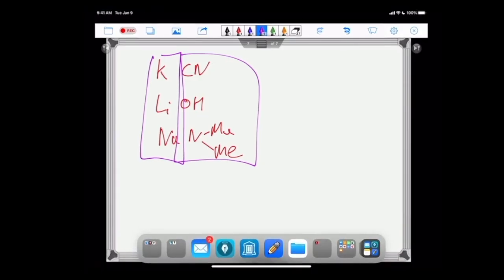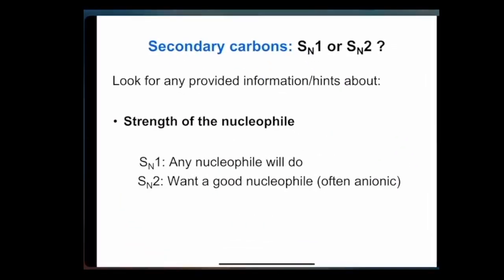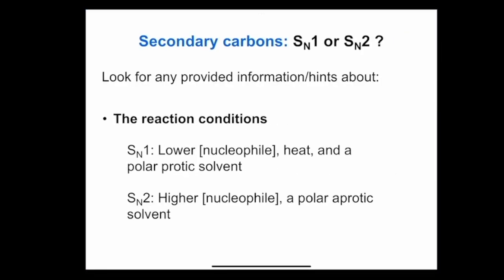The last part to this too is what we call protic solvents. Do you know what the word protic means? Proton, right?